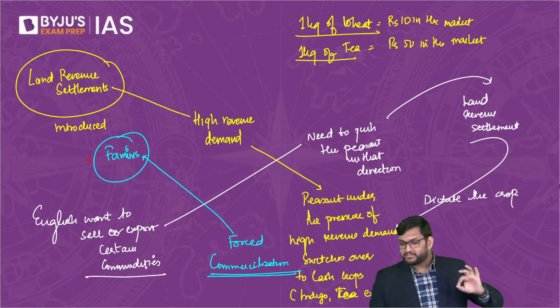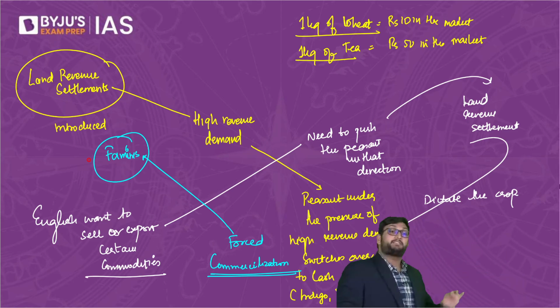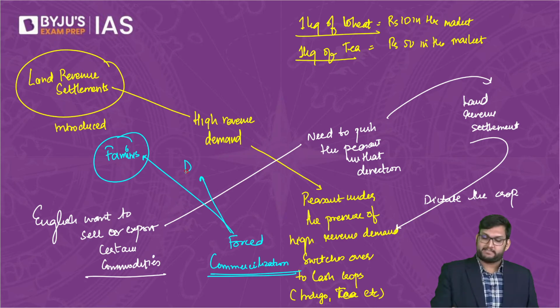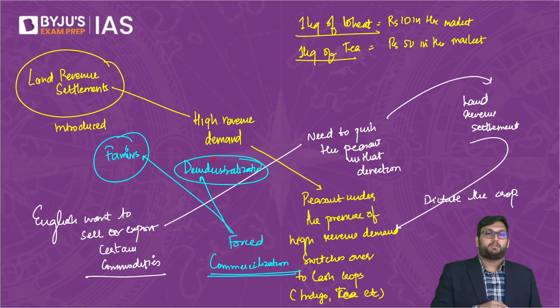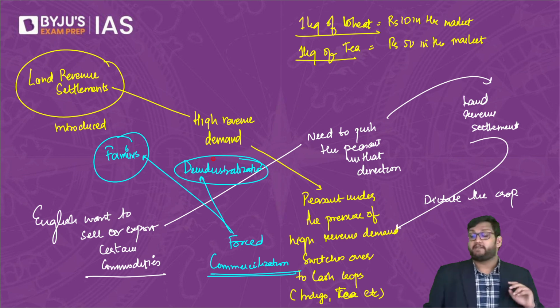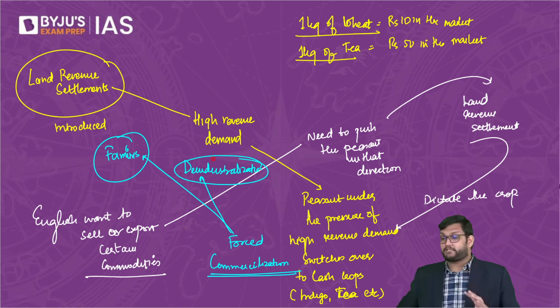But this forced commercialization is also the reason for de-industrialization, which I will tell you when I reach de-industrialization. So basically, the British acted dumb when it came to political setups, but when it came to our exploitation, they were very meticulous.